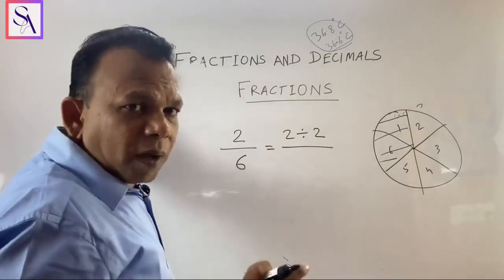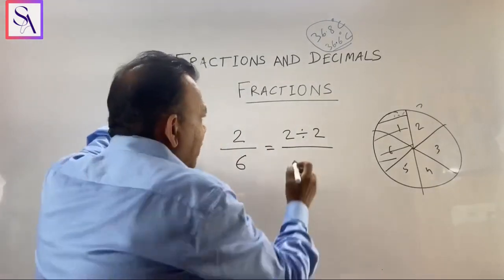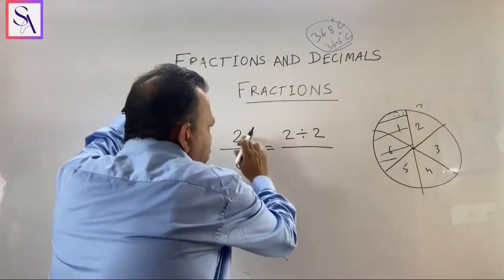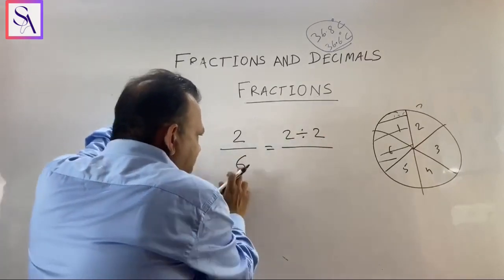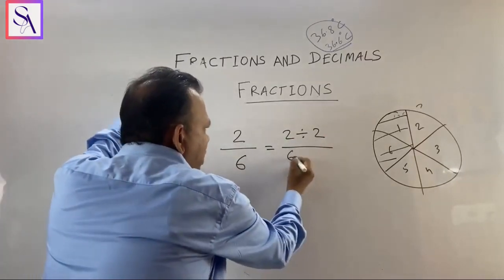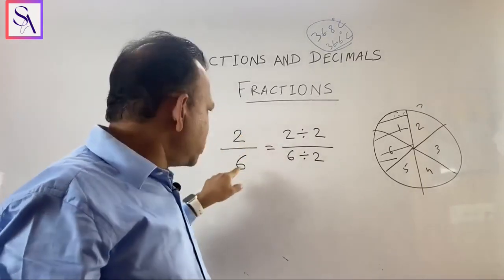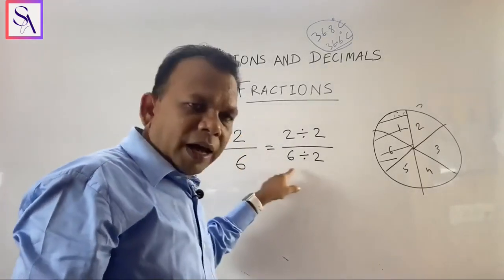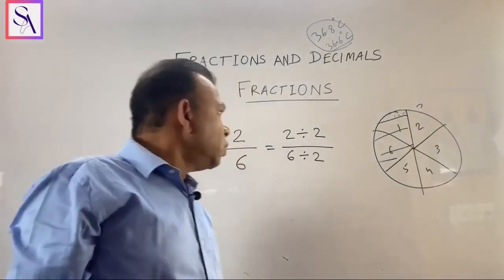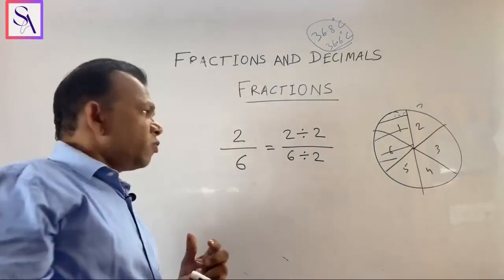So what is the rule of mathematics or fraction? If you are dividing this numerator by 2, then you need to divide this 6/2 as well. Whatever operation you are doing on numerator, you have to do the same operation on denominator as well. That is the rule, right? So you need to remember this rule in fraction.